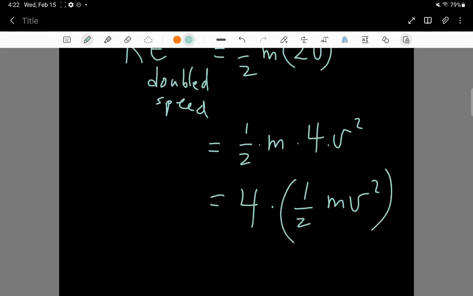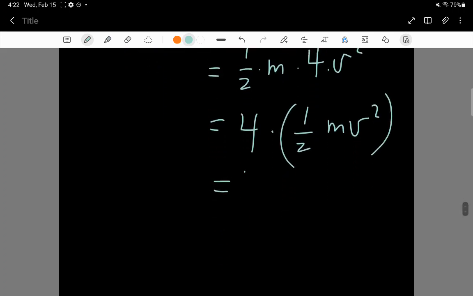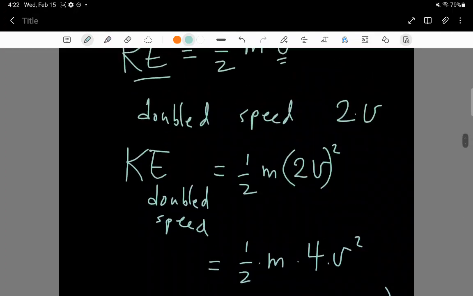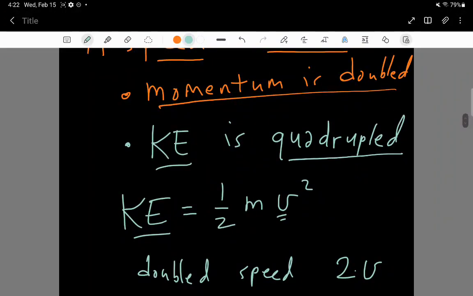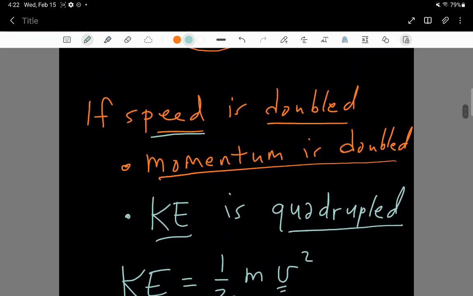And if you look at this, this is 4 times the old kinetic energy, right? And this is the sense in which the kinetic energy is quadrupled if the speed is doubled. Okay, so you're going to learn some more topics as well in this lab.